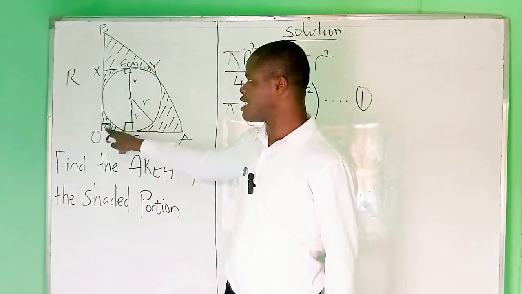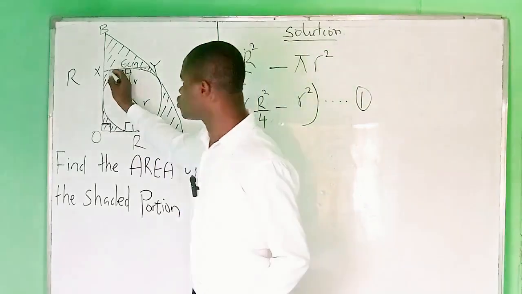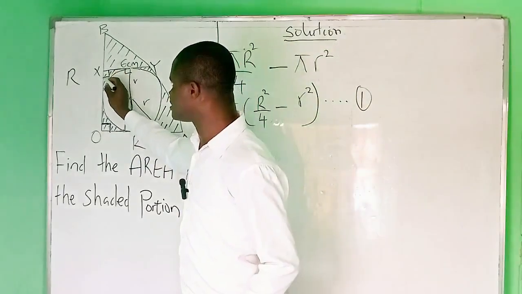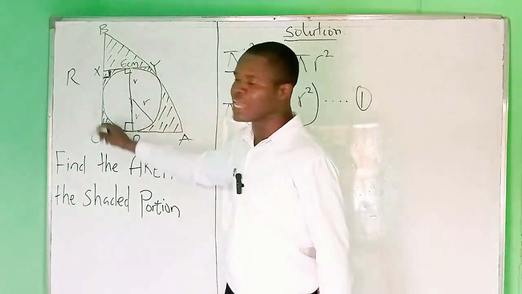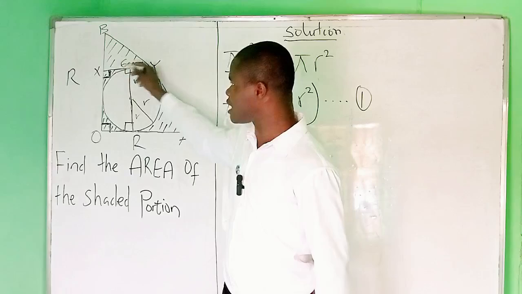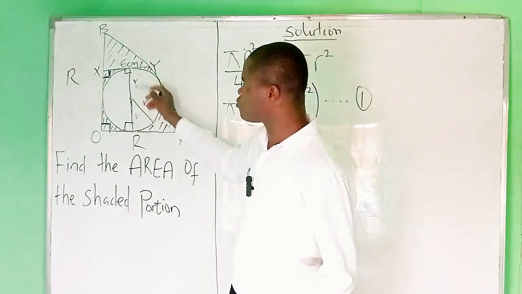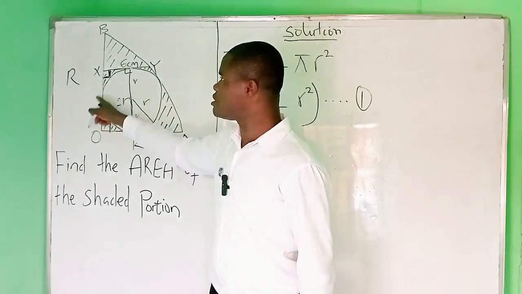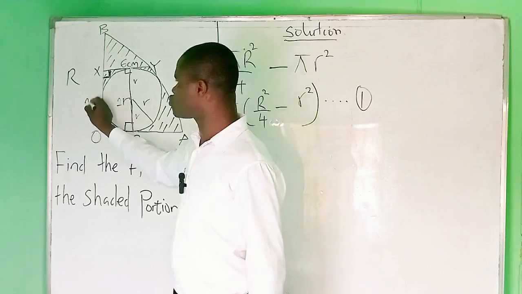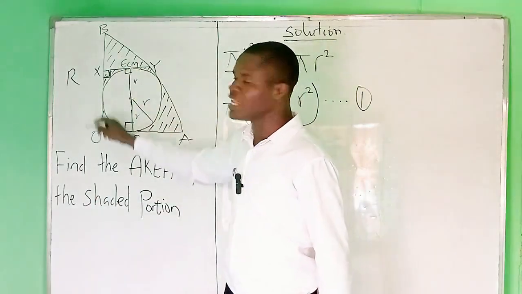Since here is 90 degrees, here is 90 degrees, here is 90 degrees, of course this remaining portion must be 90 degrees. So it means that this is a rectangle. And if this is a rectangle, this diameter is given as 2r, r plus r. So this other side is also 2r, because the opposite sides of a rectangle are equal.